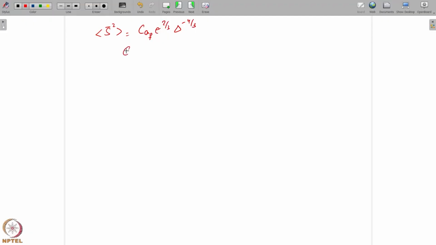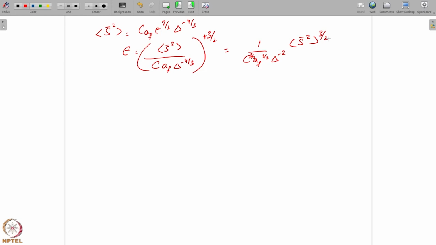So from here, epsilon is S bar squared divided by C A_F delta to the minus 4/3, this whole thing to the plus 3/2. I'll just split this out and write it as 1 over C to the 3/2, A_F to the 3/2, and I will write this as delta to the negative 2. Then I have S bar squared to the 3/2.